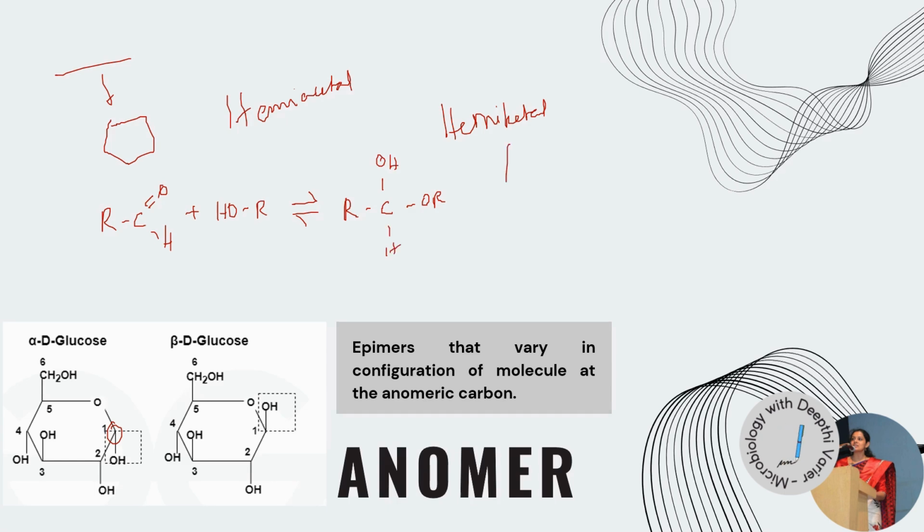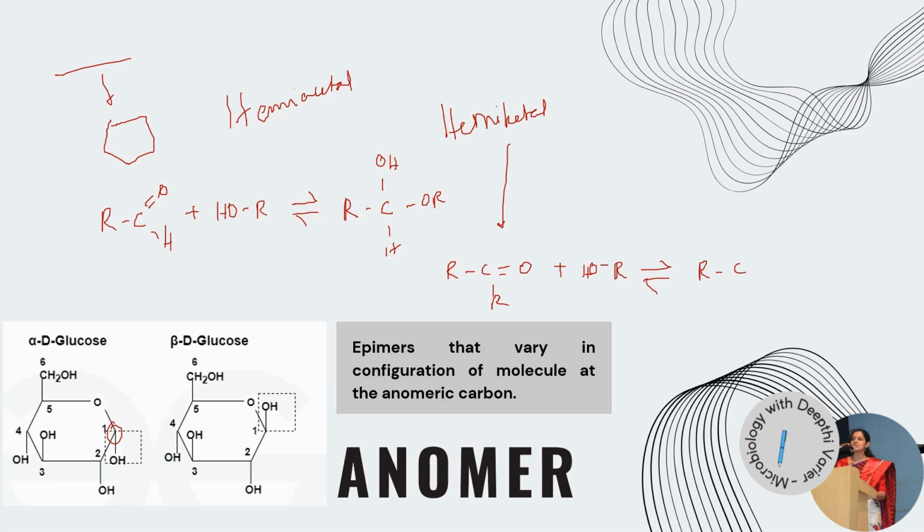Or how would a hemiketal be formed? A hemiketal is formed when ketones react with an alcohol. So we would have a ketone like this, RC double bond O, reacting with an alcohol like we saw in the previous one. What is formed at the end is what we call a hemiketal, which would be like this.